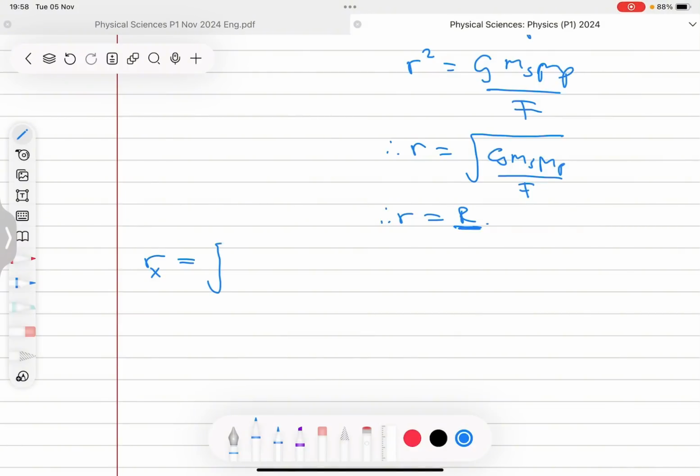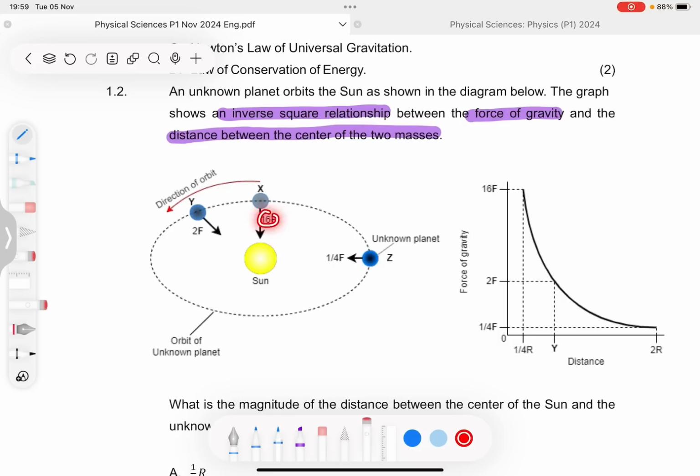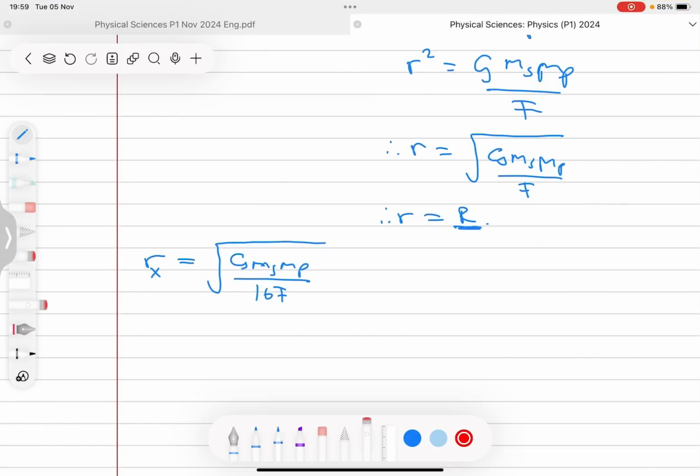I'll say r at x is equal to the root of the universal constant Ms Mp all over 16F, because at x we have 16F, right? So this is this part of the graph. We want to see if we will get this 1 over 4 R, right?